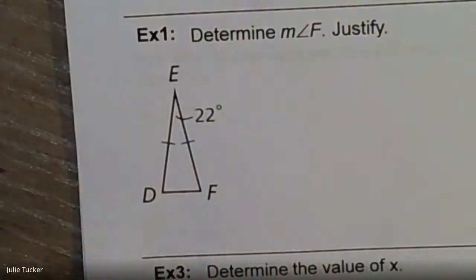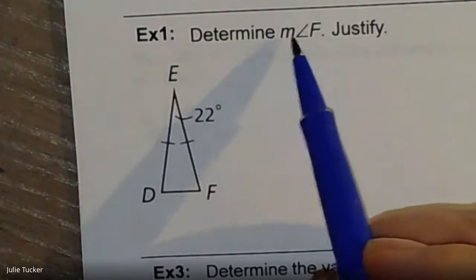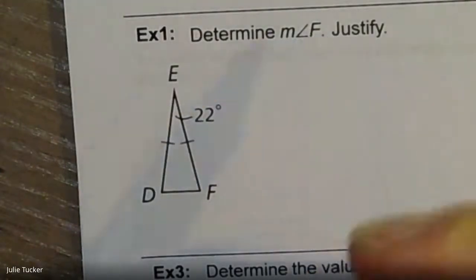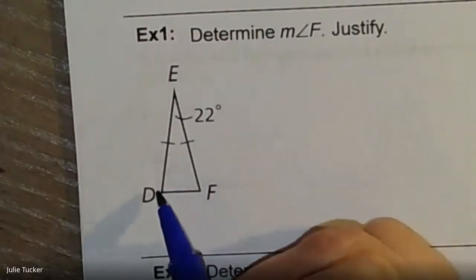The other two we have to find, because the instructions say to determine the measure of angle F. If you look at the diagram, angle F is one of the ones at the bottom. So these are our two base angles.